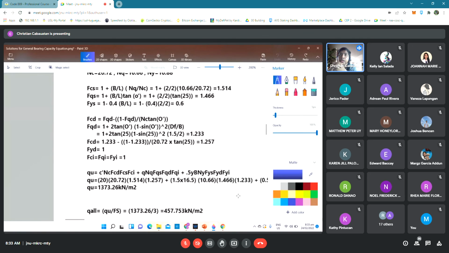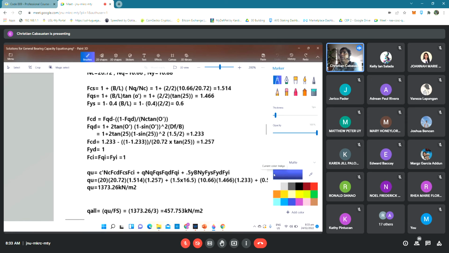So ang magiging unit lang ni load is the kilonewton. Therefore, hindi ito yung ating hanapin. So take note na kapag Q allowable, kilonewton per meter squared yan. Hindi mo naman makakancel yung kanyang meter square because the factor of safety has no unit. So therefore, hindi pa ito yung ating hanapin.